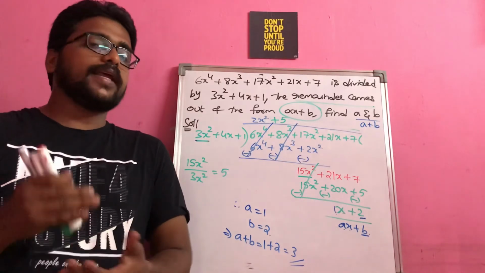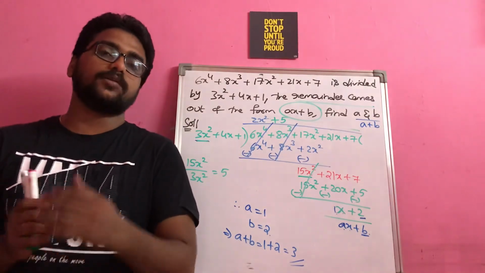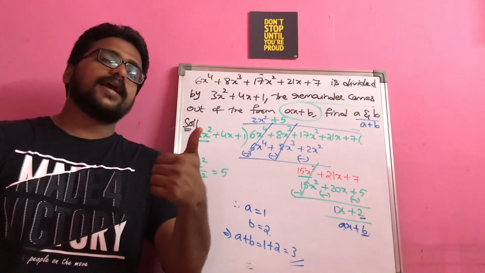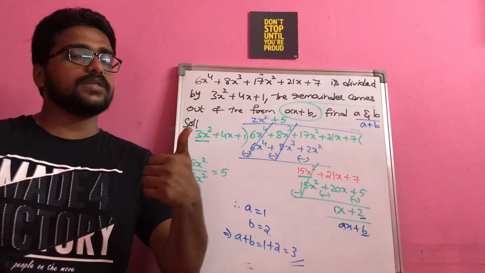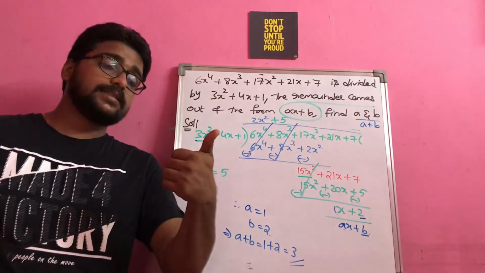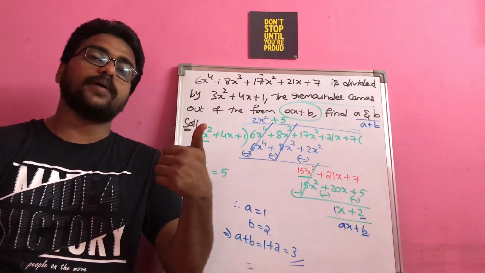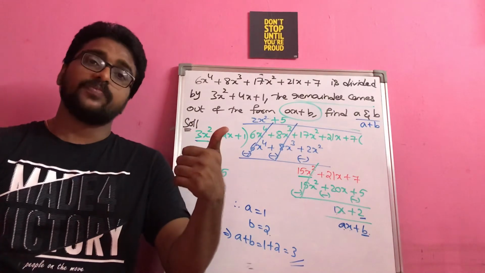So I will just quickly recall the rules we learned with respect to long division of polynomials. First, if you are getting the remainder as 0, it implies the dividend is exactly divisible by the divisor. That is the first rule.